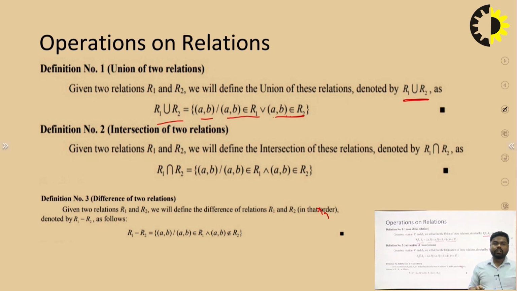And the intersection of relations, R1 intersection R2, means (a, b) such that (a, b) belongs to R1 and (a, b) belongs to R2.